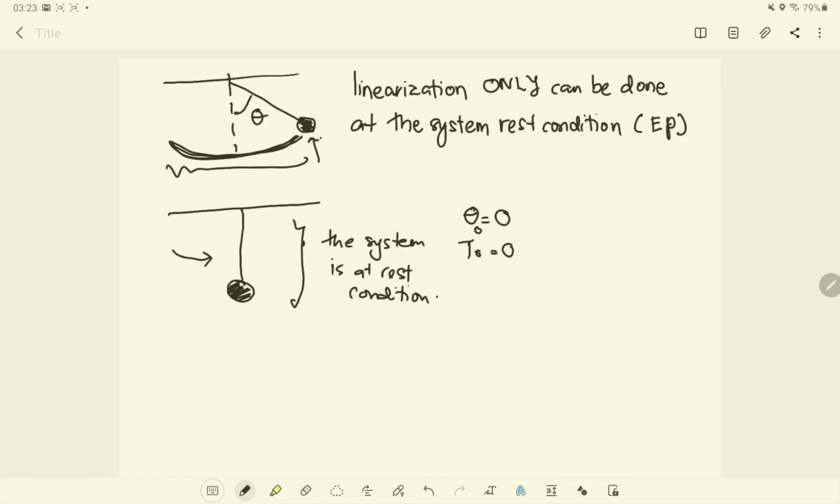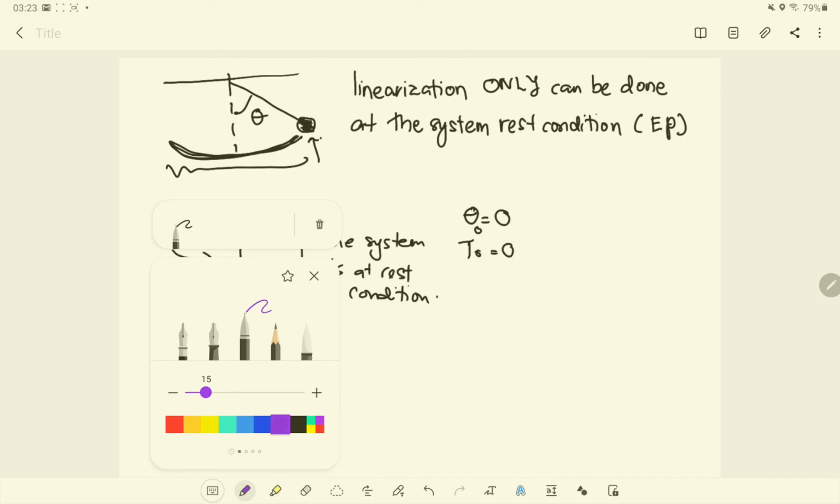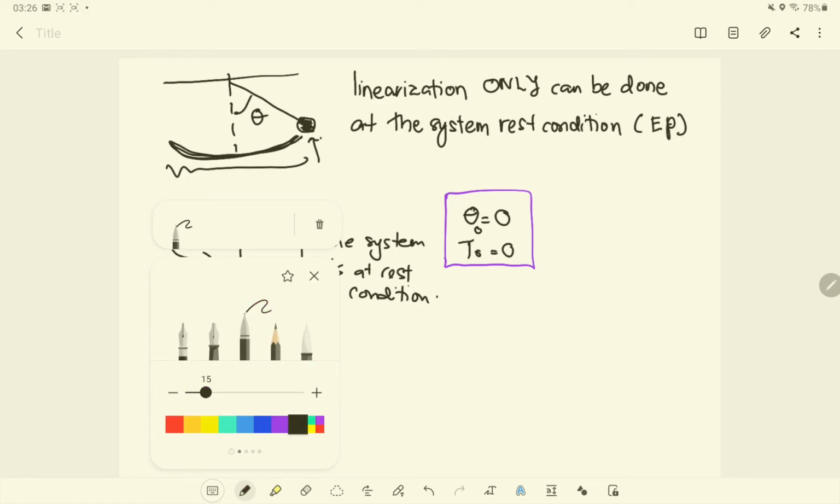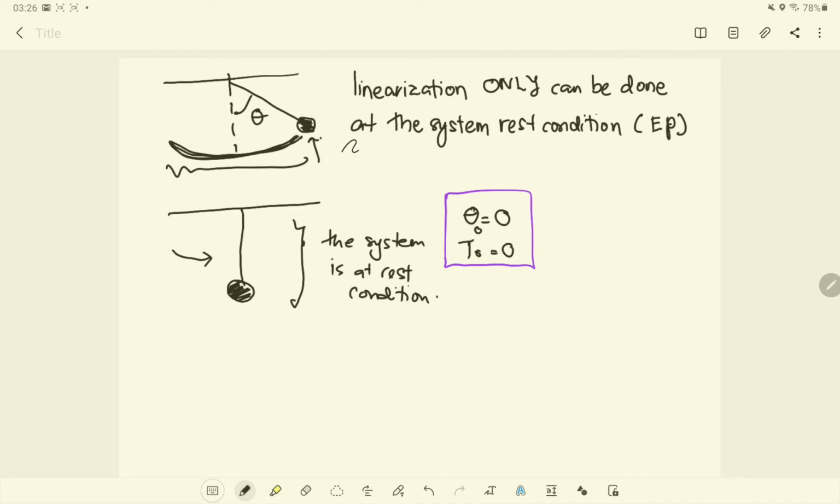So now the system is at the rest condition, so the input is equal to 0. So this is what we call the rest condition. Okay, so you do the modeling.